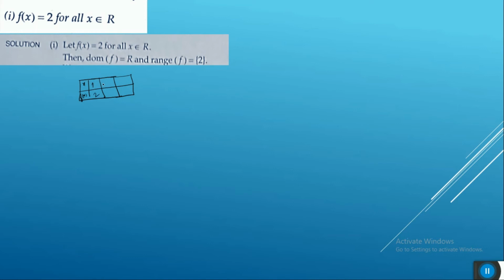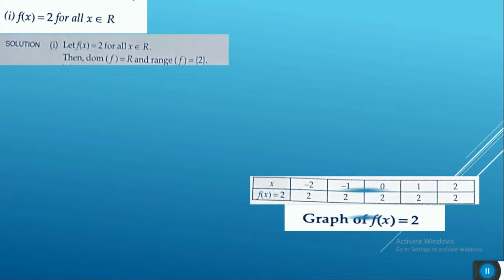You take 1, you get 2; you take 2, you get 2; you take 3, you get 2. See the table which I made. You take minus 2, you get 2. You take minus 1, you get 2. You take 0, you get 2. You take 1, you get 2. Take 2, you also get 2. So no matter what value you take, the function result will not change.